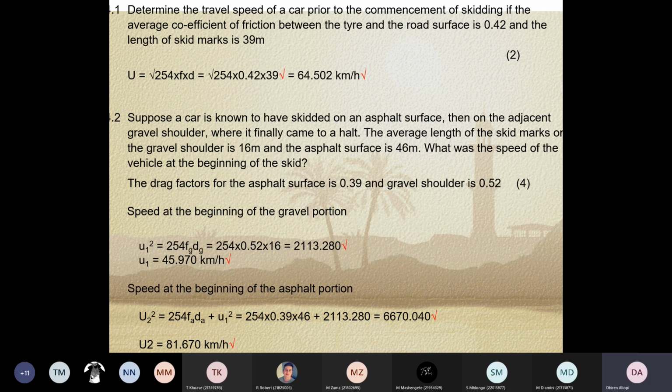So if you can see the ticks there, you can allocate a tick if you got that correct. If you didn't, then no tick for you.